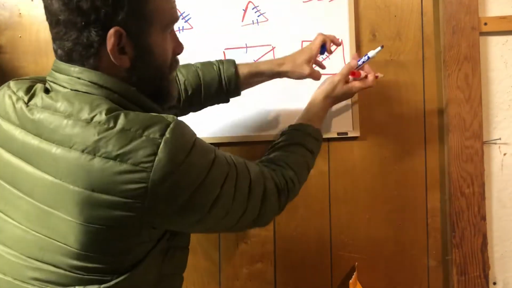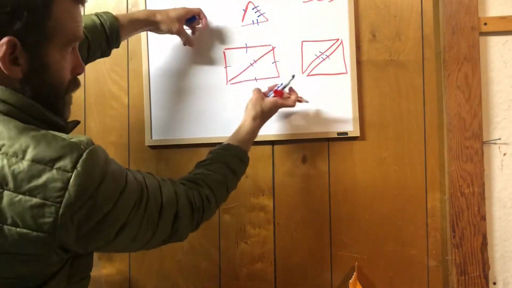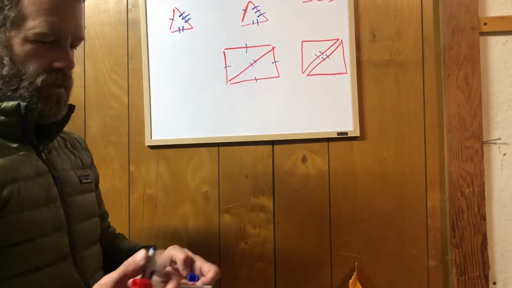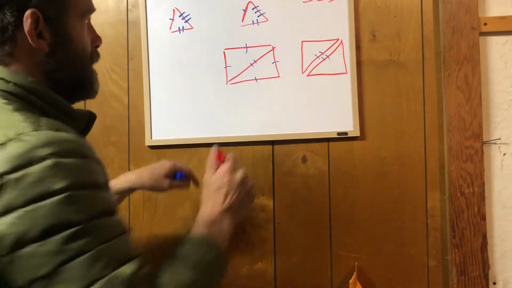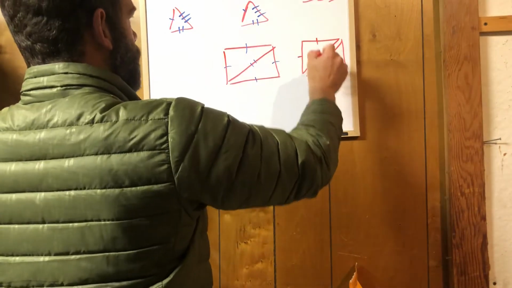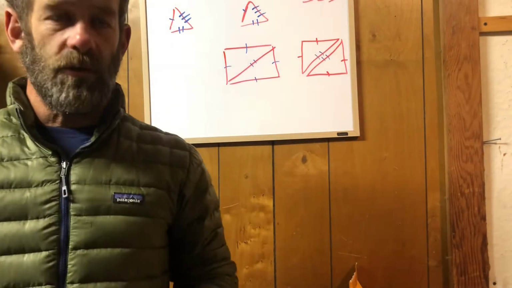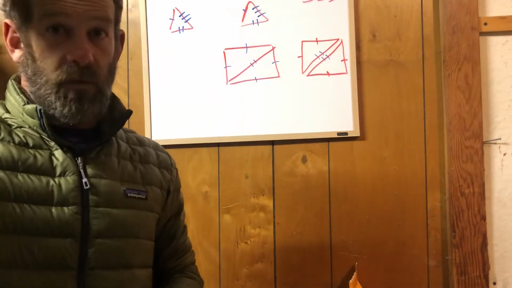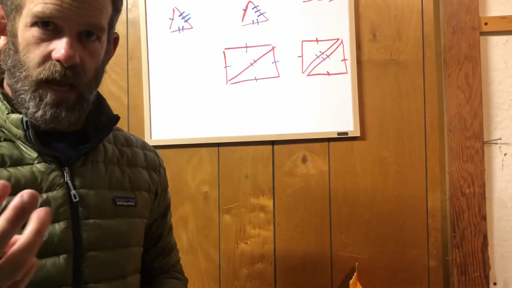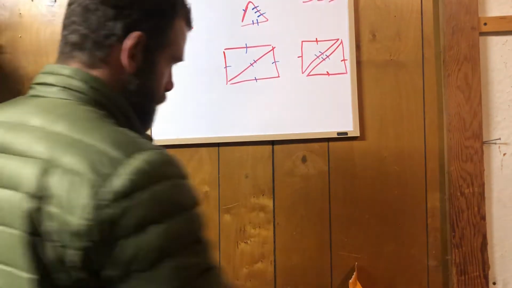Because if I shove it together, I get my square. And if I take my square and I pull it apart, I have the exact same diagonal side. So that's why there's 2 tick marks on here. So all of these are the same. Side, side, side would show that these are congruent. Remember, if you can prove that 3 sides of one triangle are identical to 3 sides of another, they are congruent.